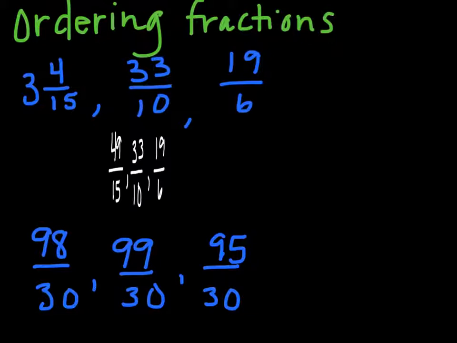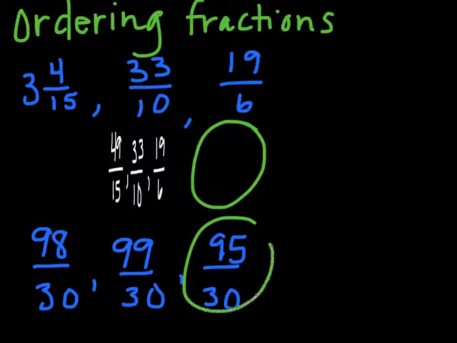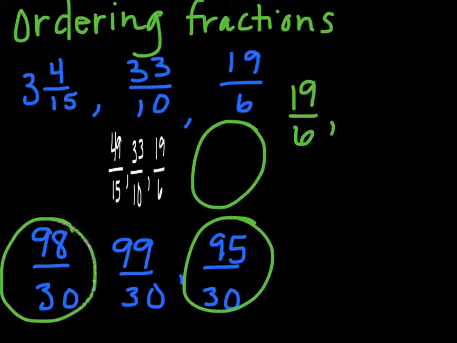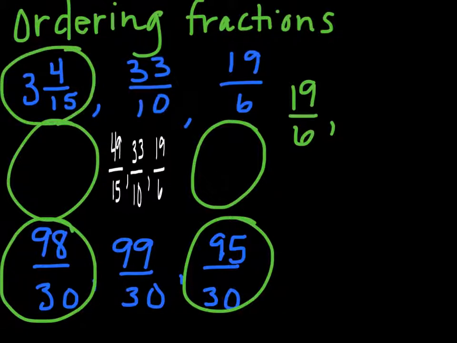Now we simply need to order our fractions from least to greatest, and we do that by comparing our numerators. So, our numerators show us that 19/6 is the lowest value because it's 95/30ths. So 19/6 comes first. Next up is 98/30ths or 49/15ths or 3 4/15ths.